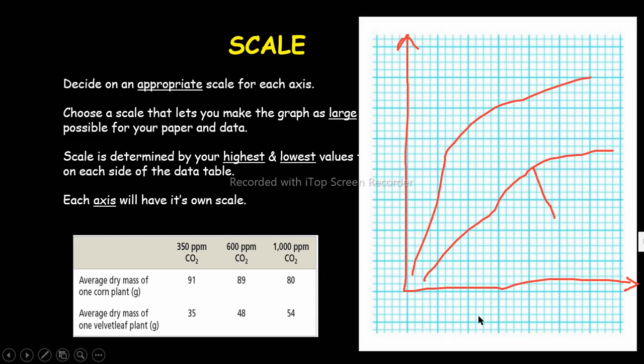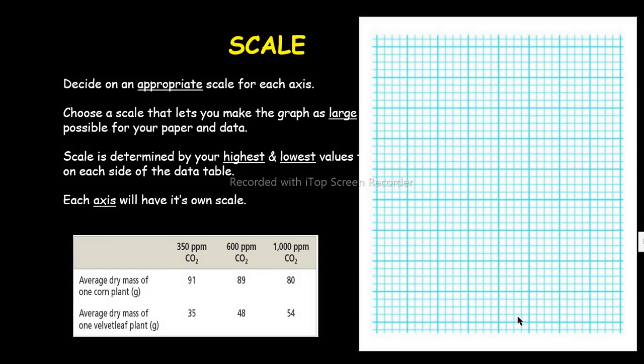So it's better you write next to that line. If this one, you write corn plant. We shall know that this one is a corn plant. And then you write the velvet leaf plant. So, in other words, you need to be as careful as possible. That one is okay. That one makes more sense. Any other concern? Okay, that's good.